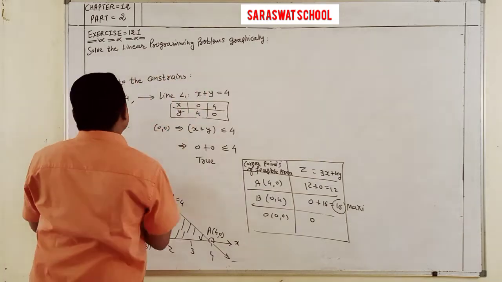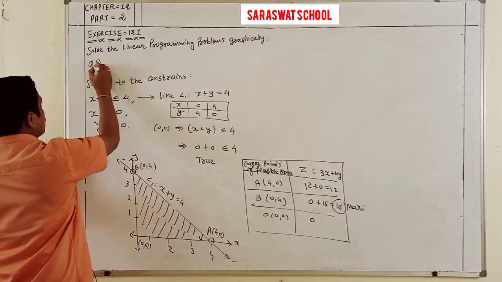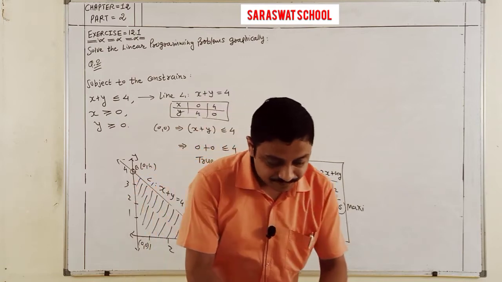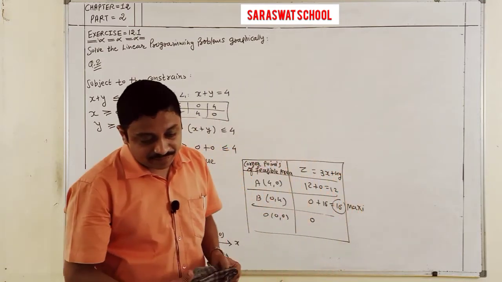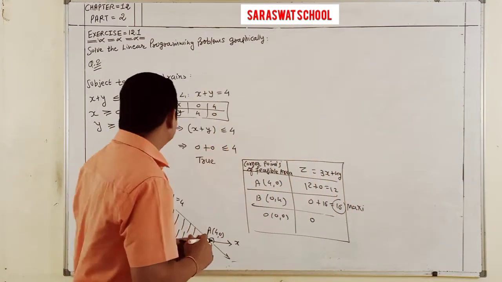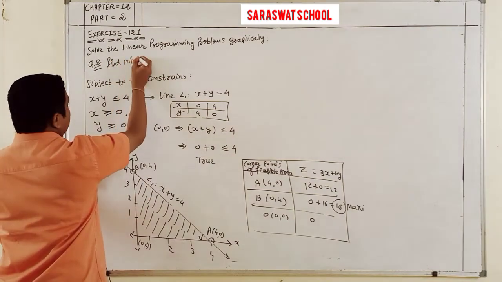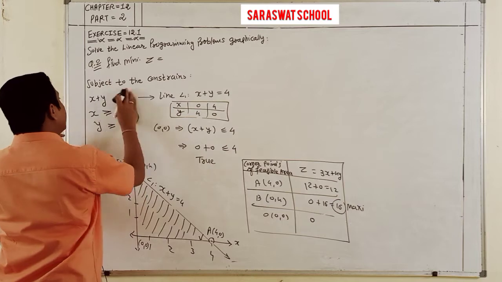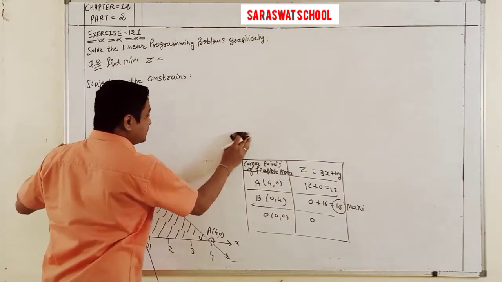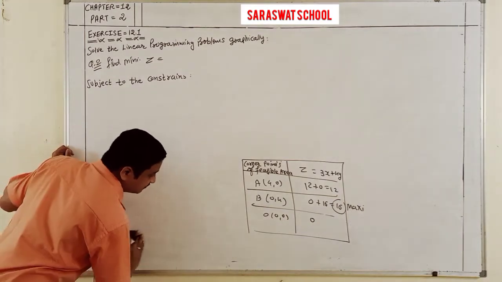Question number 2 asks, find the minimum value. Find the minimum of z, and some conditions are given.